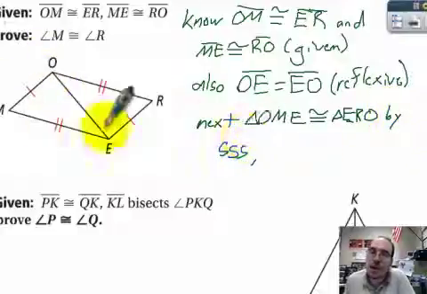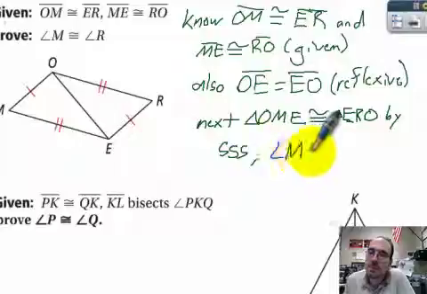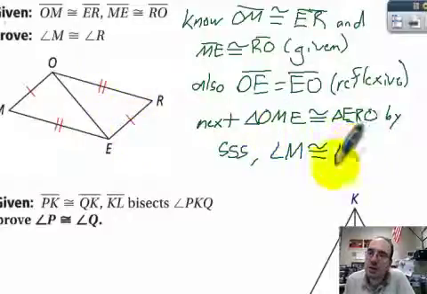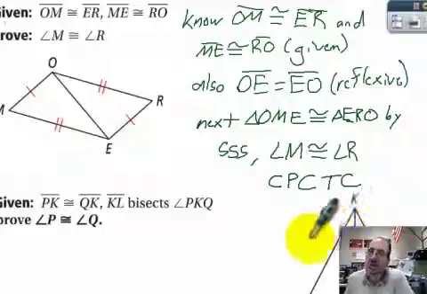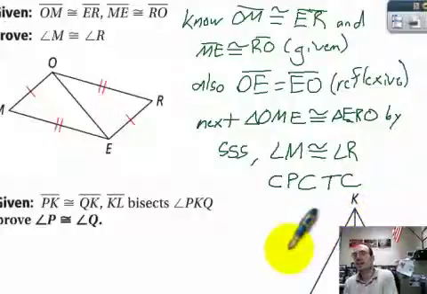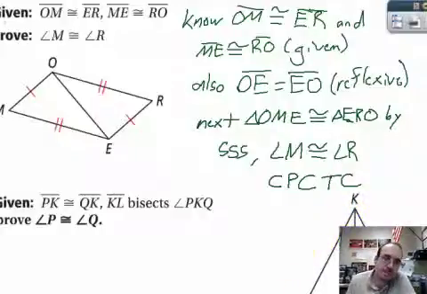So that means that angle M is indeed congruent to angle R because they are corresponding parts of congruent triangles. So corresponding parts of congruent triangles are congruent. CPCTC. Okay? So hopefully you found that helpful, and I will talk to you again soon.